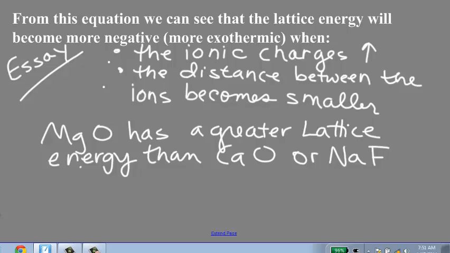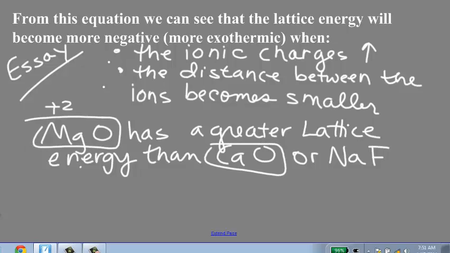Right. So if you look at MgO and CaO, they have the same charges, right? This is +2, this is -2, this is +2, this is -2. So the reason this has a greater lattice energy isn't due to their ionic charges, because the ionic charges are the same. What it is due to, though, is the fact that Mg is a smaller ion than Ca.